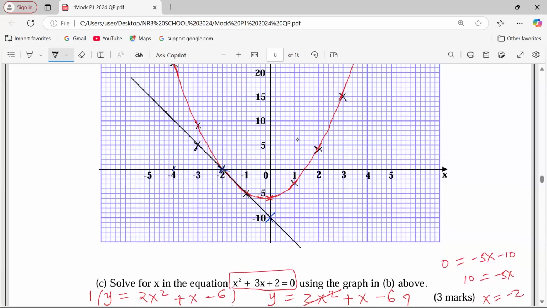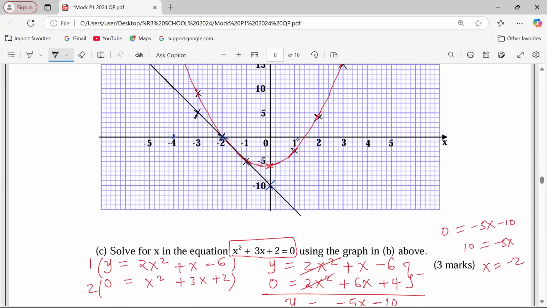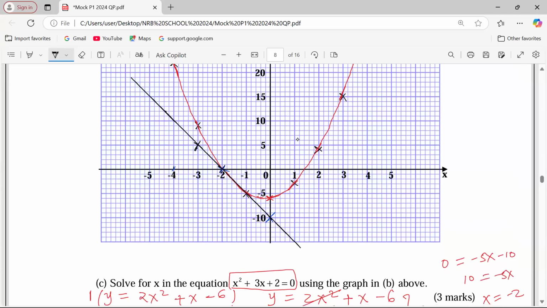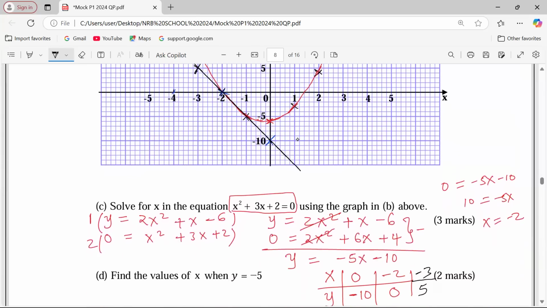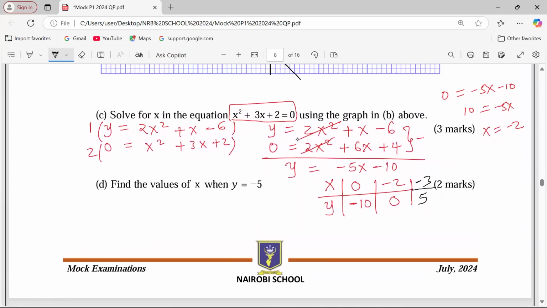And that is at two values of x, negative 2 and negative 1. The points of x at the intersection of the line and the curve are negative 2 and negative 1. So the roots shall be x equals negative 2 and x equals negative 1. These are the two values of x that we wanted.